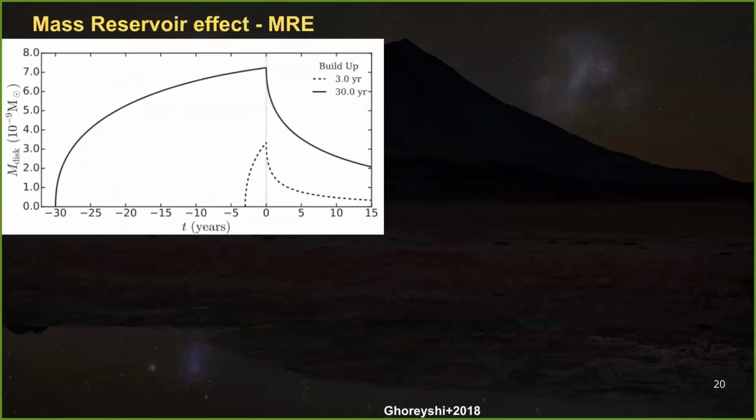Another important effect is the mass reservoir effect. It was studied by Ghoreyshi, 2018, where the authors compare two different disk events, one that is fed for 3 years and another that is fed for 13 years.